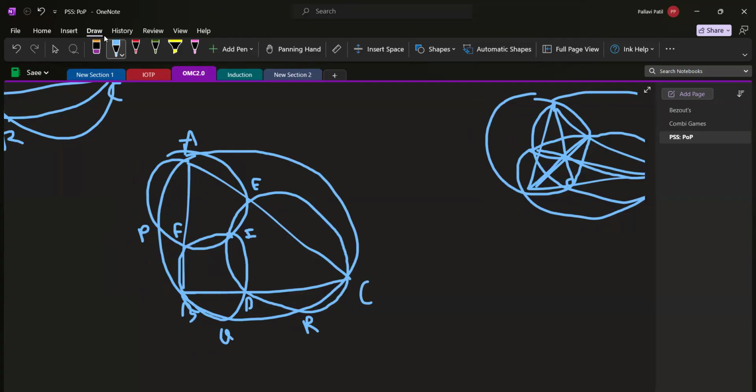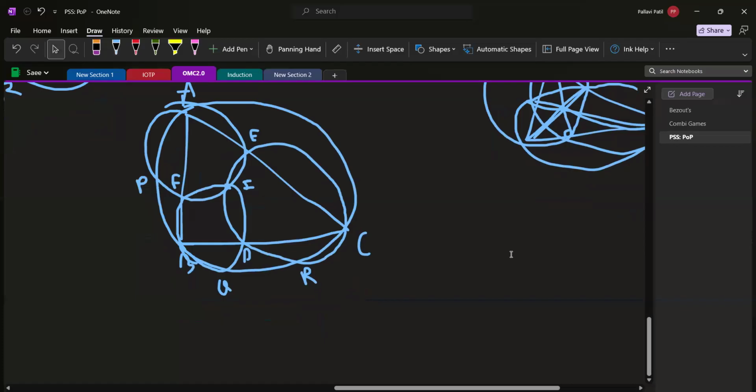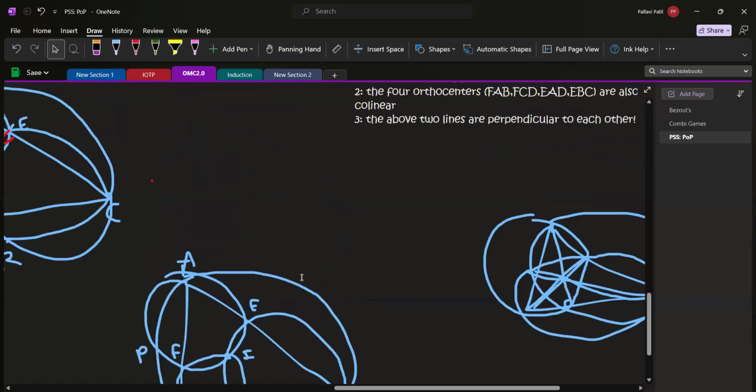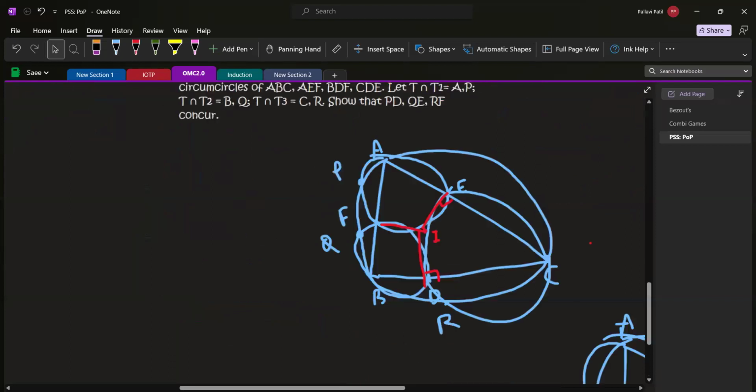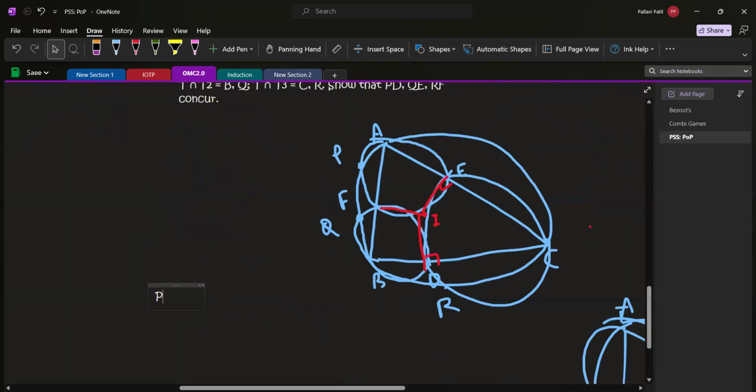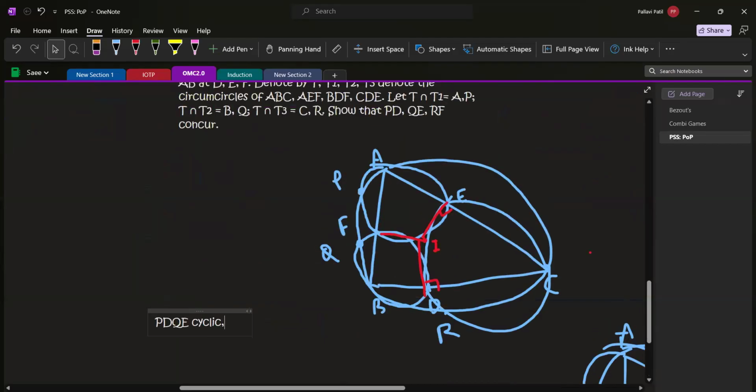But okay, one nice way to do that would be: let's say you want to show PD, QE, RF are concurrent. If we show P, D, Q, E is cyclic, then similarly Q, E, R, F would be cyclic, and similarly R, F, P, D would be cyclic. Then we can look at pairs of these: for the first two, the radical axis is QE. For the next two, the radical axis is RF. And for the first and the third one, the radical axis is PD.